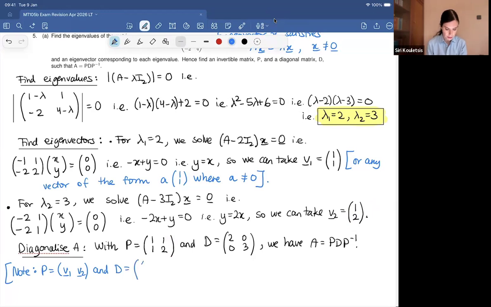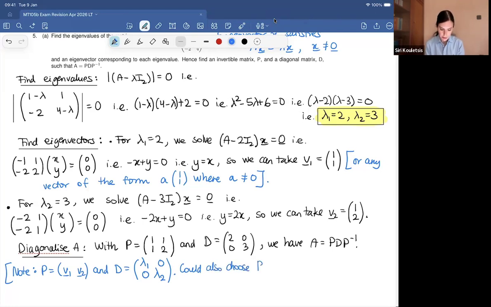The diagonal matrix D has to have the eigenvalue lambda 1 corresponding to v1 as the first entry here, and lambda 2, which corresponds to v2 as a second entry on the diagonal there. But we could also choose the opposite ordering.